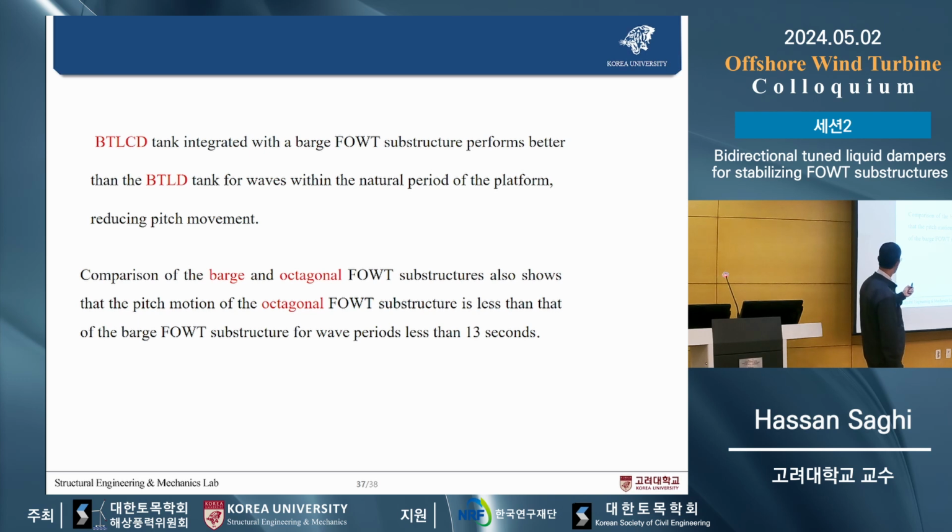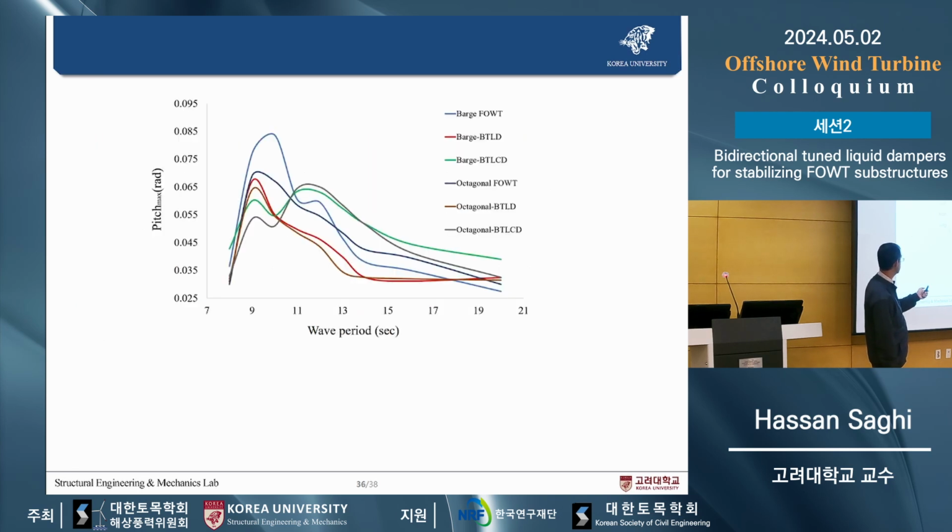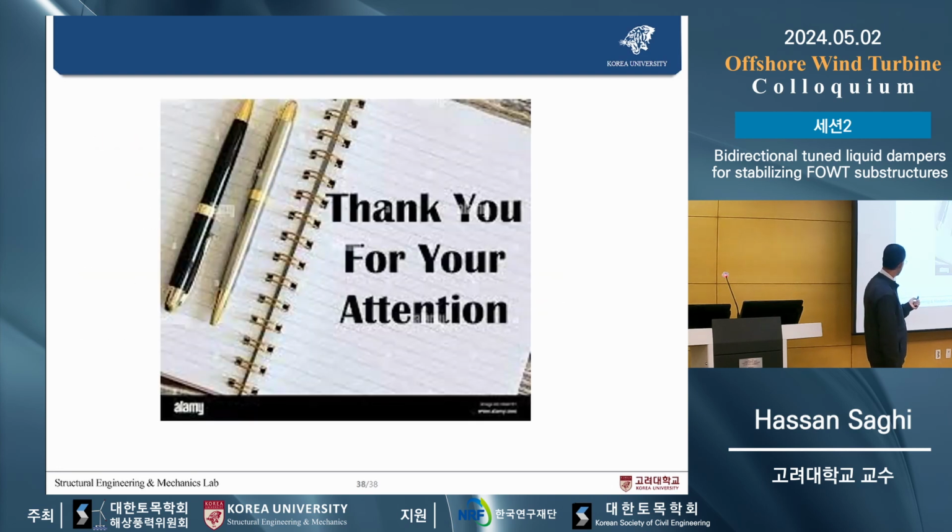And also, comparison of the barge and octagonal shows that the motion of the octagonal is less than the barge substructure for wave periods less than 13. However, as I said, in this figure we can discuss more and more, but I only summarized 2 main results obtained from this figure. Okay, thank you so much.